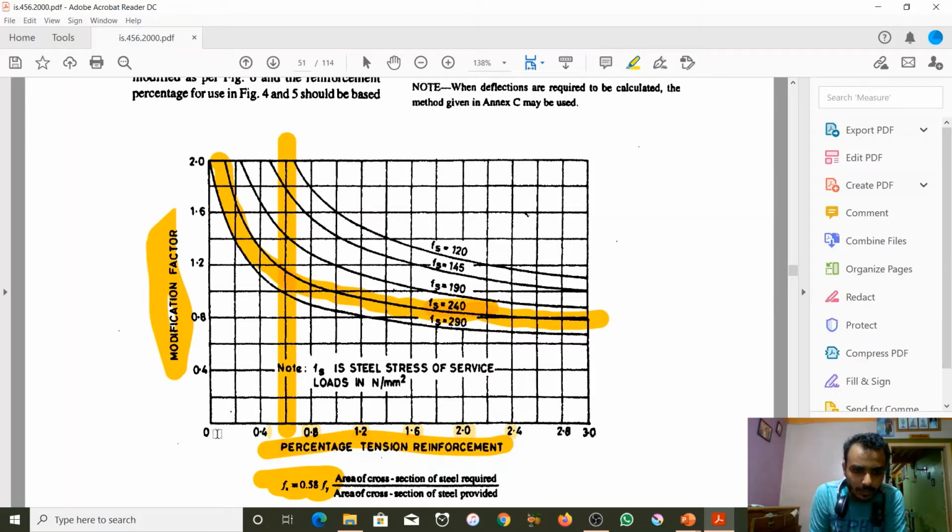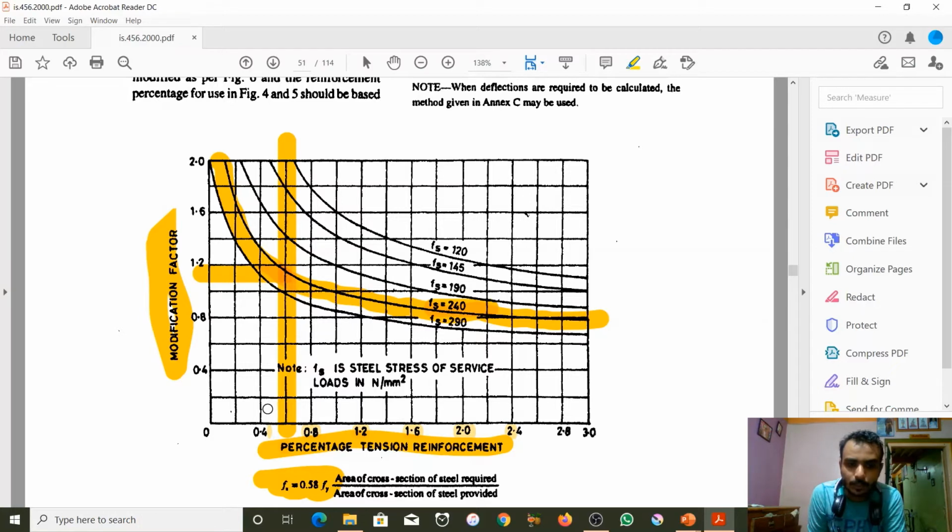Look at here, here is 0, here is 0.4. The middle one is 0.2, here is 0.8, so the middle one is 0.6. So this line and this graph meet at this point. By this point we can find out our value is lesser than 1.2.